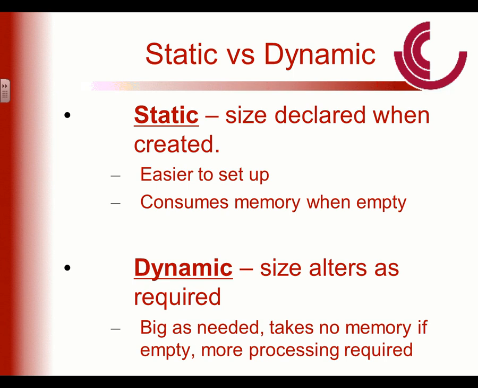So it's never too big. You can always put more things into it, and if it's empty, then it doesn't take up any space. The catch is that it's complicated, so you need more processing, so it takes a bit longer, and it's probably easier to accidentally create bugs because it's not quite so straightforward, as we shall see.